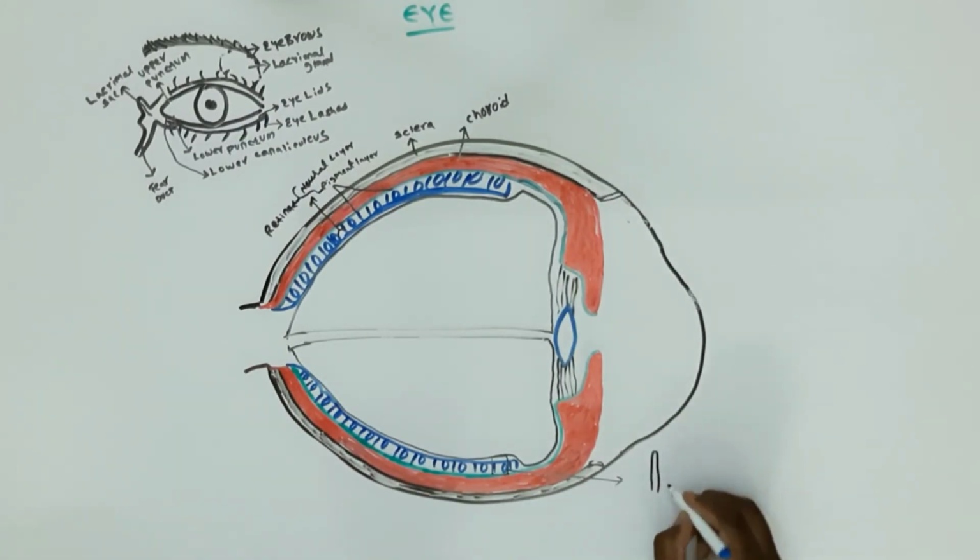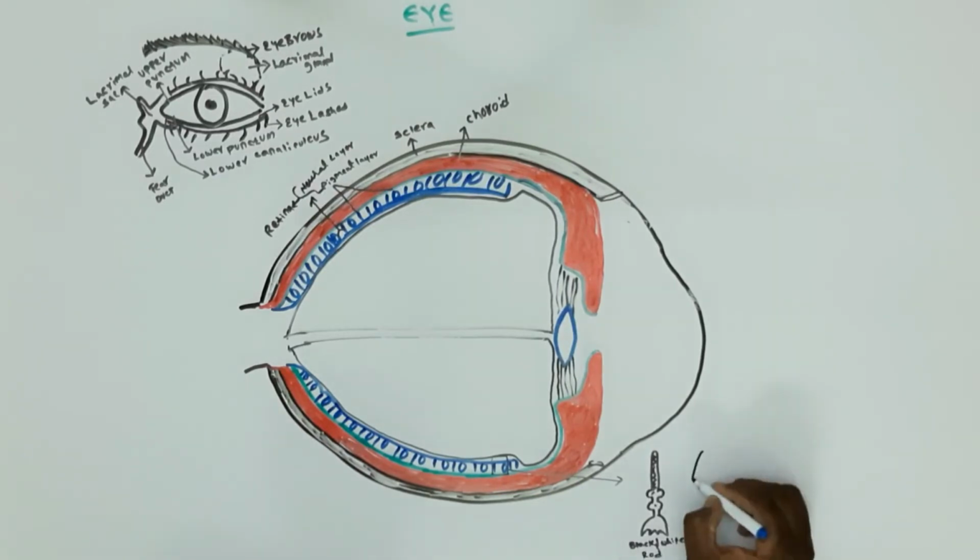First the rods. Rods do not provide color vision, and in dim light we can see only black, white, or shades of gray in between. This is because of the rods present in our retina, which are very useful to identify black and white.